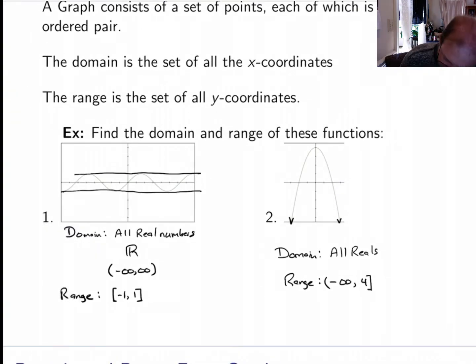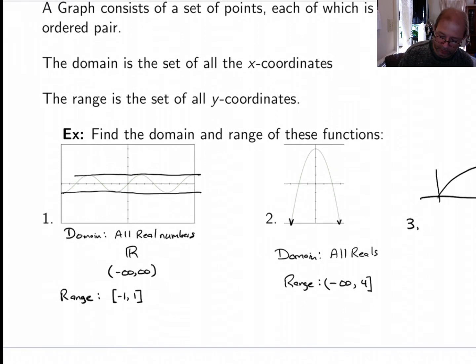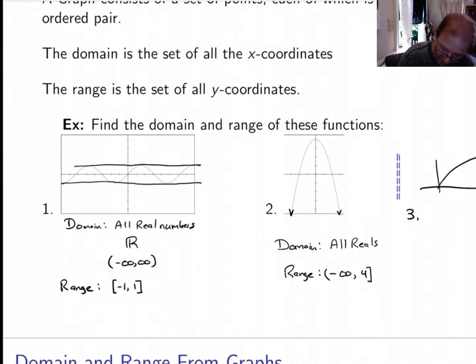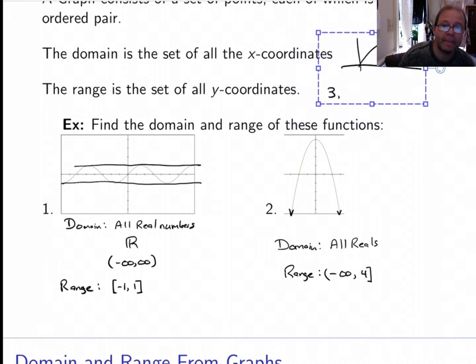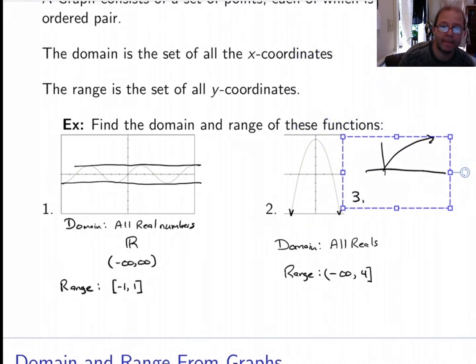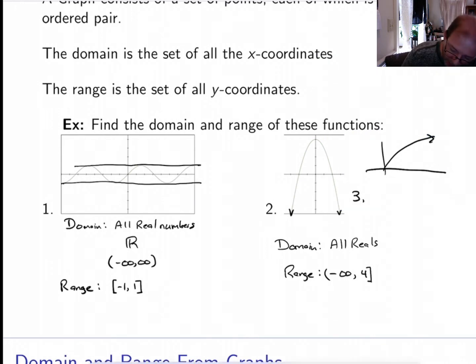I'm going to draw in a third example. The square root graph. It looks like this. Let me slide that over so you can see it better. I'll put it up here. For this one, the domain is, if you look at the x's, they start at 0 and it goes up to infinity because our x's go from here over to there.